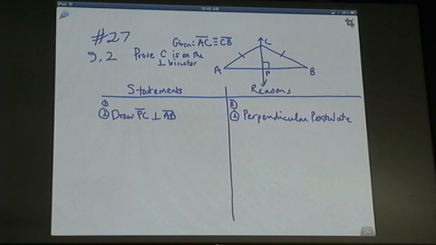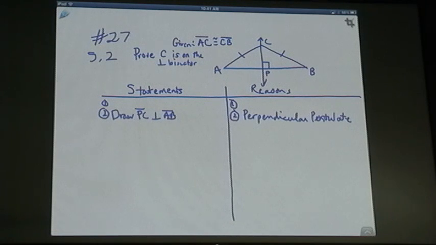So we need to use the information that we have to prove that AB is bisected by point P. We need to prove those two triangles are congruent to each other. We have two sides that are congruent, and you've already listed that in your given. And we have a perpendicular line, so we have right triangles.